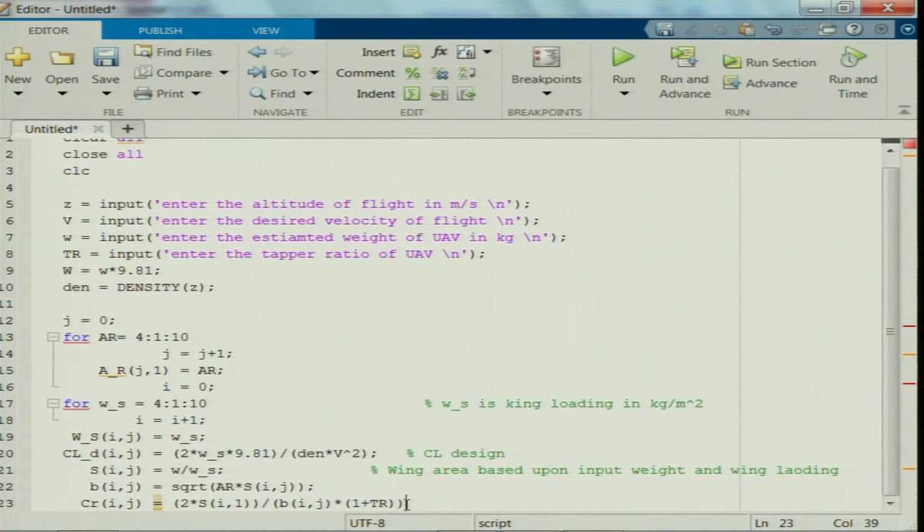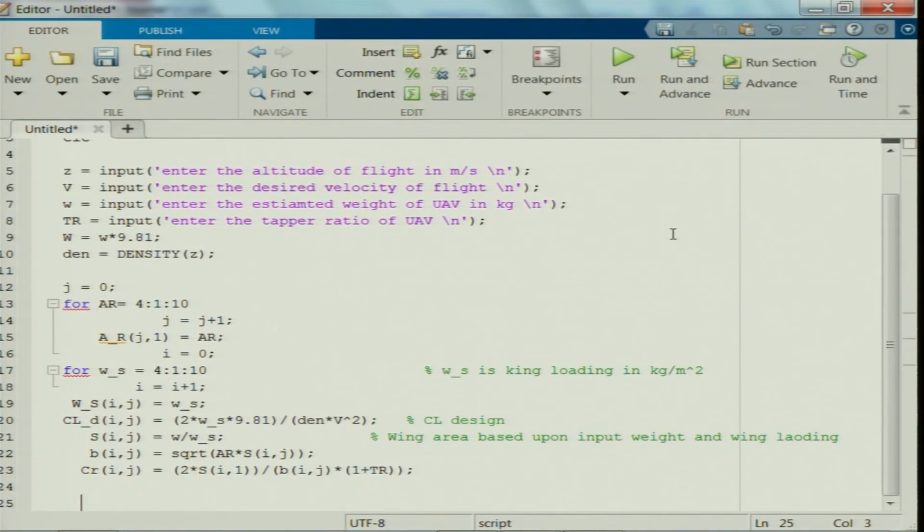2S upon b times (1 plus lambda). Okay. So, this makes sense. So, I will just write it down. Wingspan based on aspect ratio AR and wing area, right.